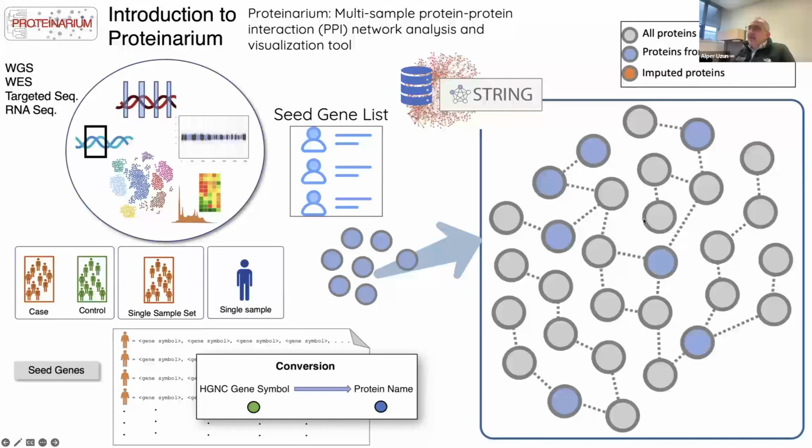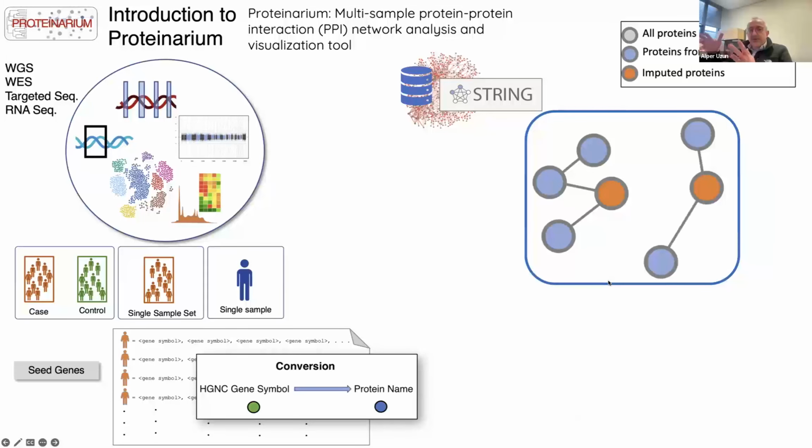Then at this level, we use a shortest path algorithm, Dijkstra's algorithm, to find the most connected, shortest paths we can get from this map by using our own proteins and imputed proteins. Imputed proteins are the ones you need from the system in order to connect your proteins. At the end of the day, you have other proteins as well, but now you are interested only in the ones that you created by your algorithm. So this is done for one patient.